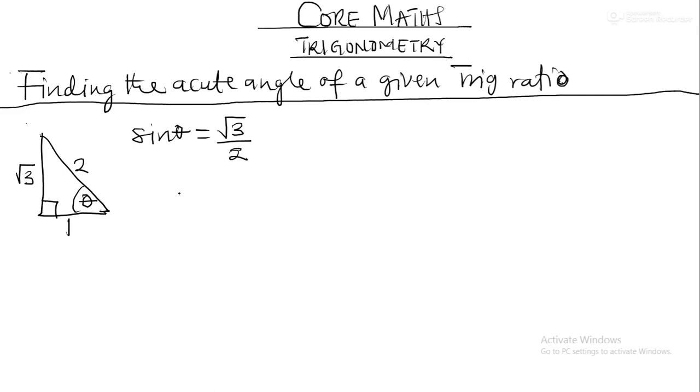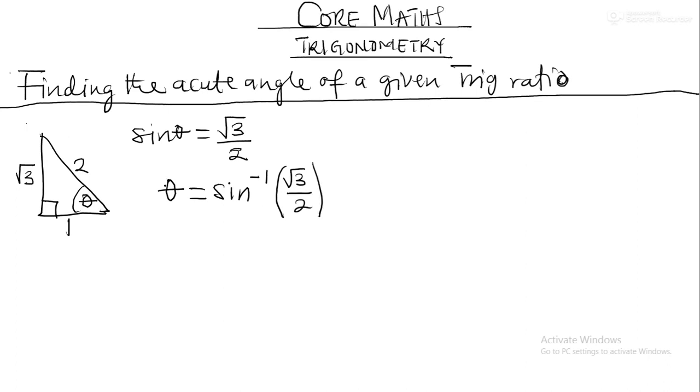So in our case, theta will be equal to sine inverse. This is how we write it: you write sine and then exponent minus 1. So sine inverse of the ratio, that is root 3 on 2.